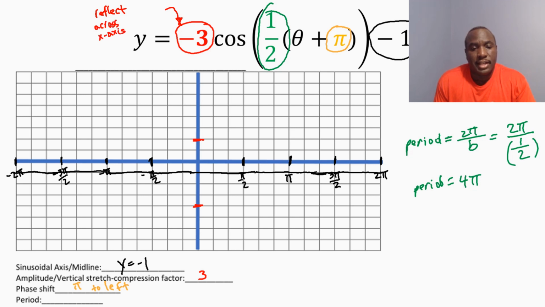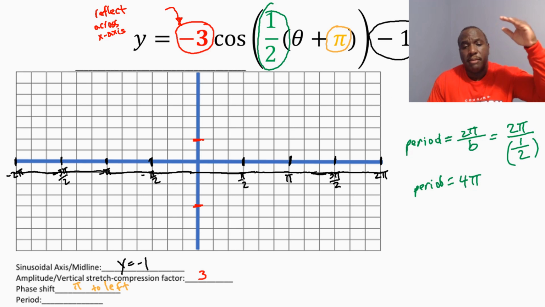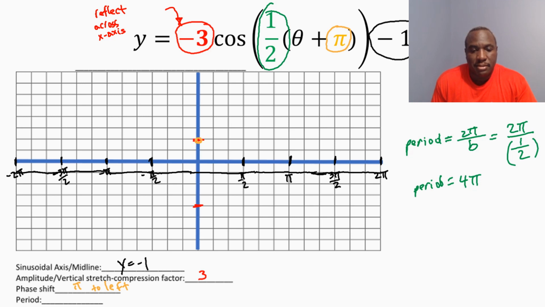So what that means is that anything that was a maximum is now going to be a minimum, and anything that was a minimum is going to become a maximum. So because the cosine would normally start at a maximum value, instead we're going to say that it's going to start at a minimum value.